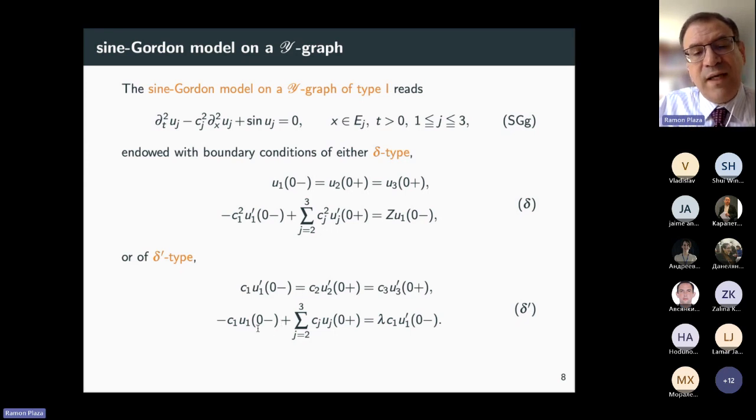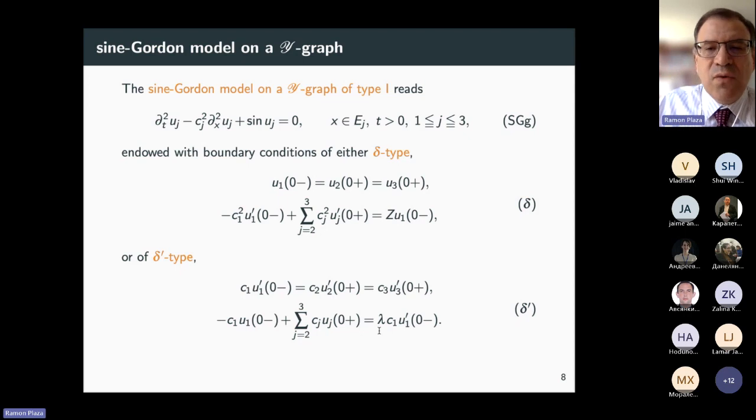And then you have a Kirchhoff condition for the fluxes, the sum of c_j u_j prime for j from 2 to 3 equals some multiple of u1 prime. And here we have two parameters, lambda and z.